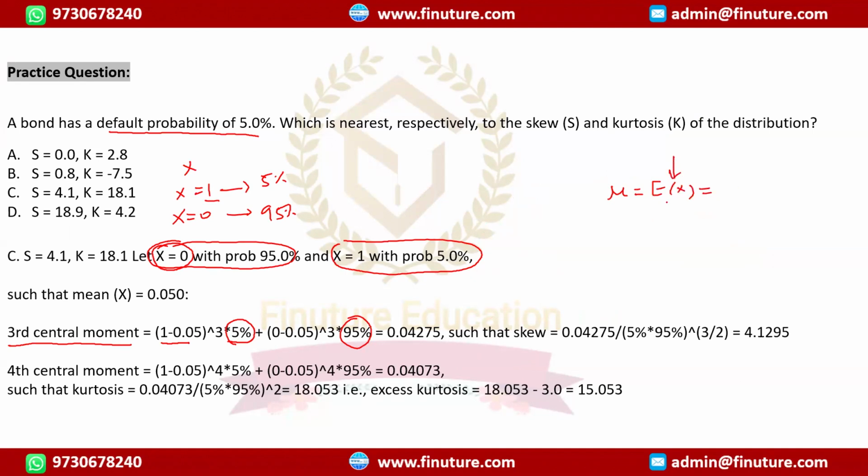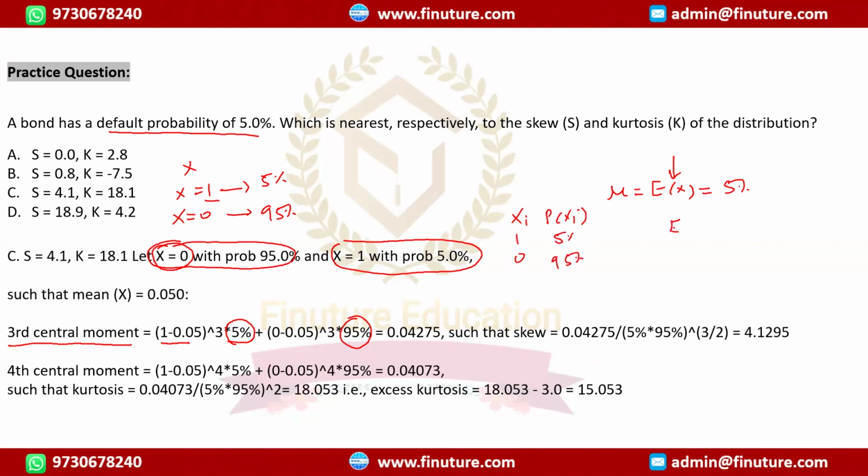But when you're given probability, it is better to denote it by expected value of x, which is 5%. Now, my x's were 1 and 0. Probability of x's were, for this one, 5%, and this was 95%.